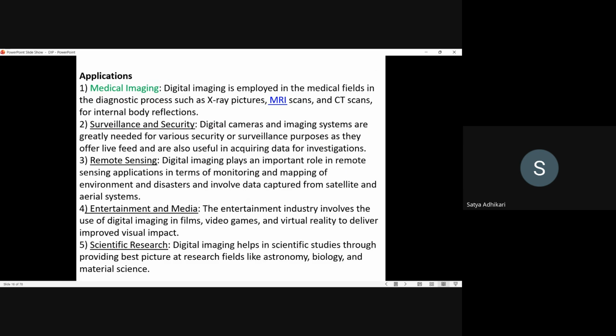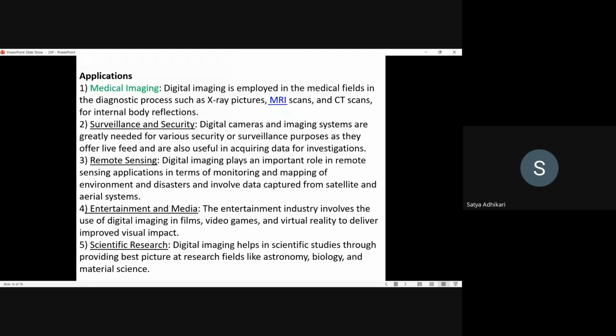So these are some applications. You know that medical imaging, MRI, CT scans, surveillance and security, digital cameras and imaging systems are greatly needed for various security or surveillance processes. They offer live feed and are also useful in acquiring data for investigations. Remote sensing. Digital imaging plays an important role in remote sensing applications in terms of monitoring and mapping of the environment.